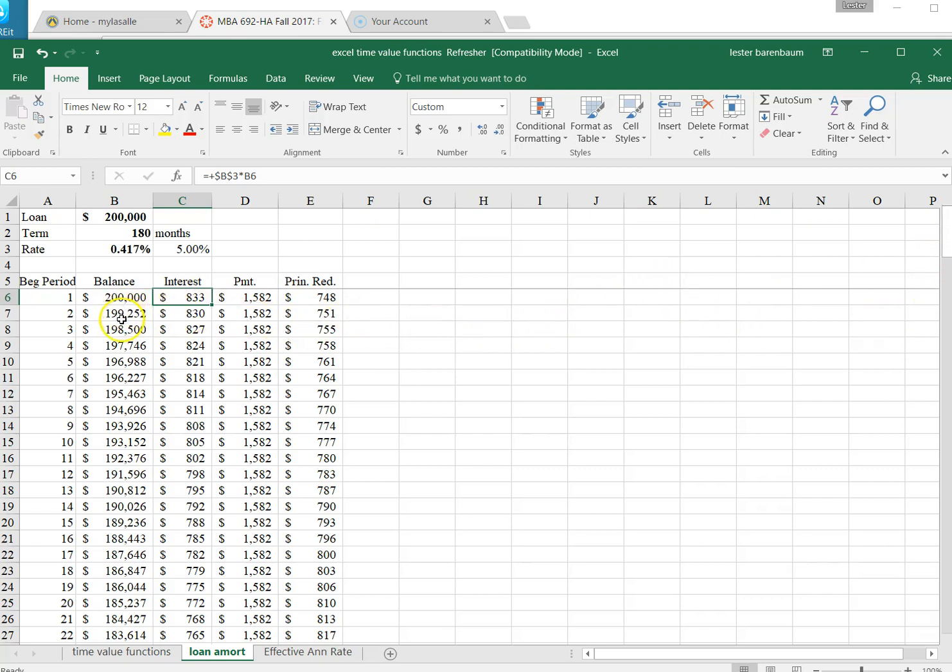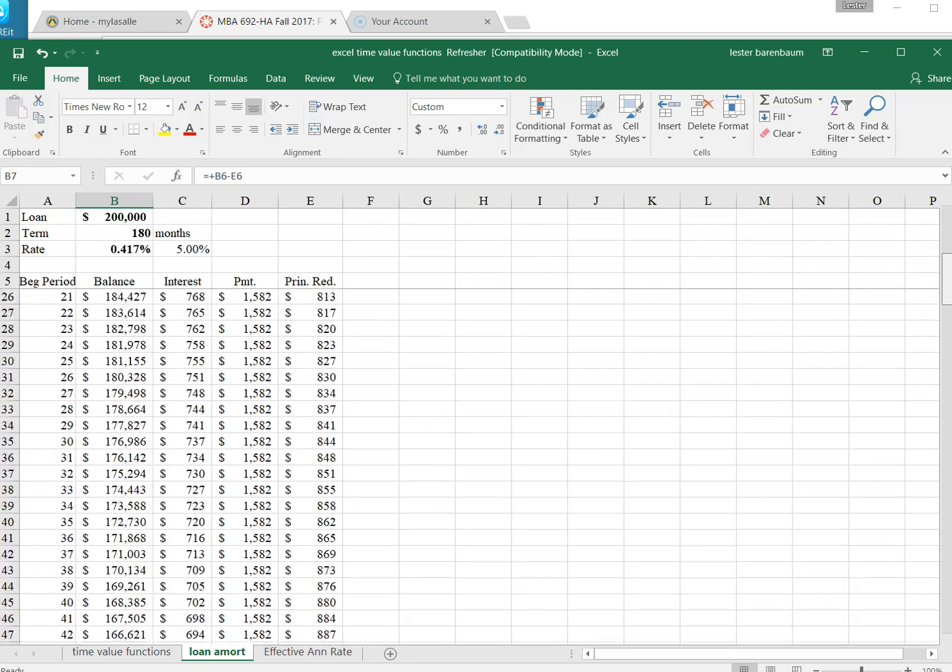Then the principal at the second month is $200,000 less the principal reduction of $748, gives us a principal balance of $199,252.